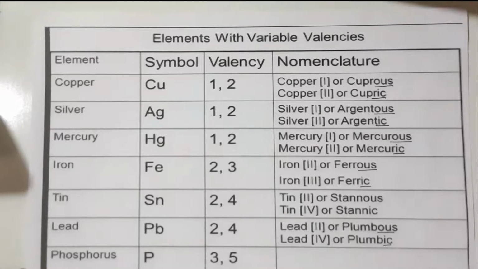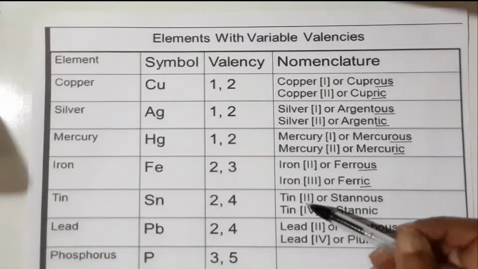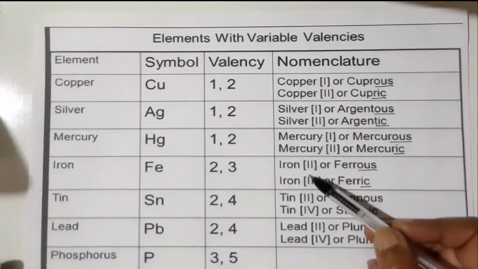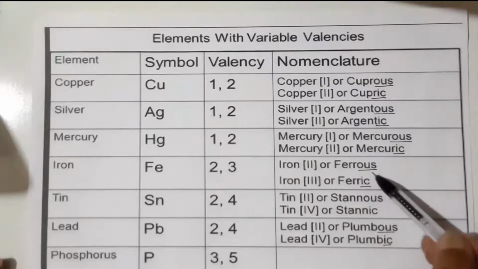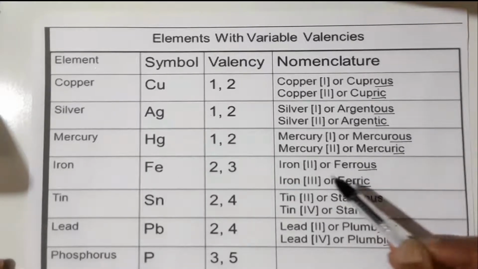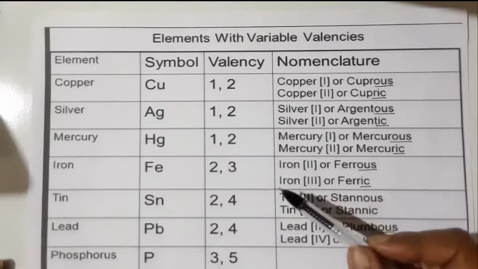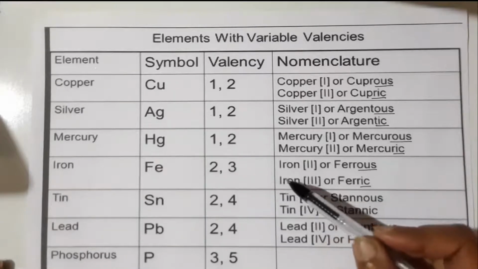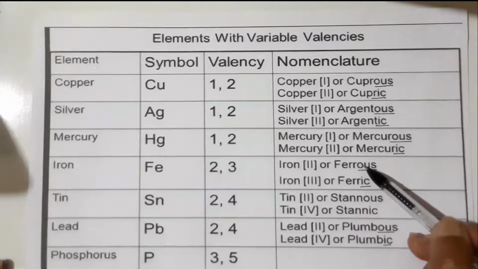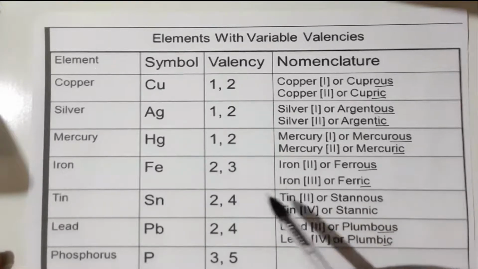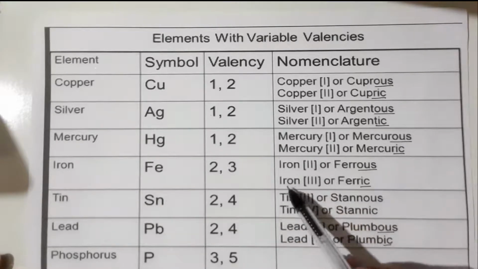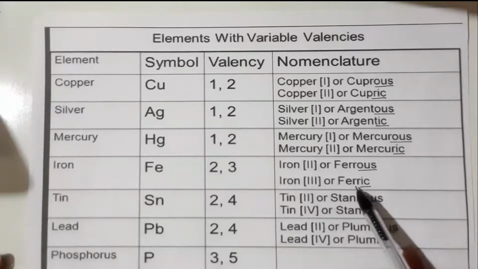In the name of a compound, sometimes you may see it written as iron 2 oxide or as ferrous oxide, but that will mean that the iron has valency 2. Similarly, if a compound is named iron 3 oxide or ferric oxide, it means that iron has valency 3.